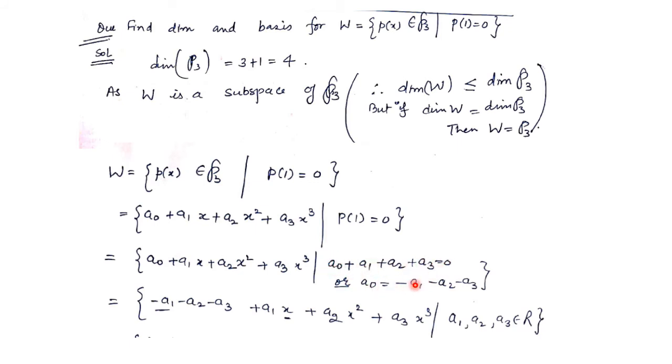So A0 is minus A1, minus A2, minus A3. Now substitute the value of A0 over here. So you get minus A1, minus A2, minus A3 plus A1x plus A2x squared plus A3x cubed, such that A1, A2, A3 belong to the real numbers.